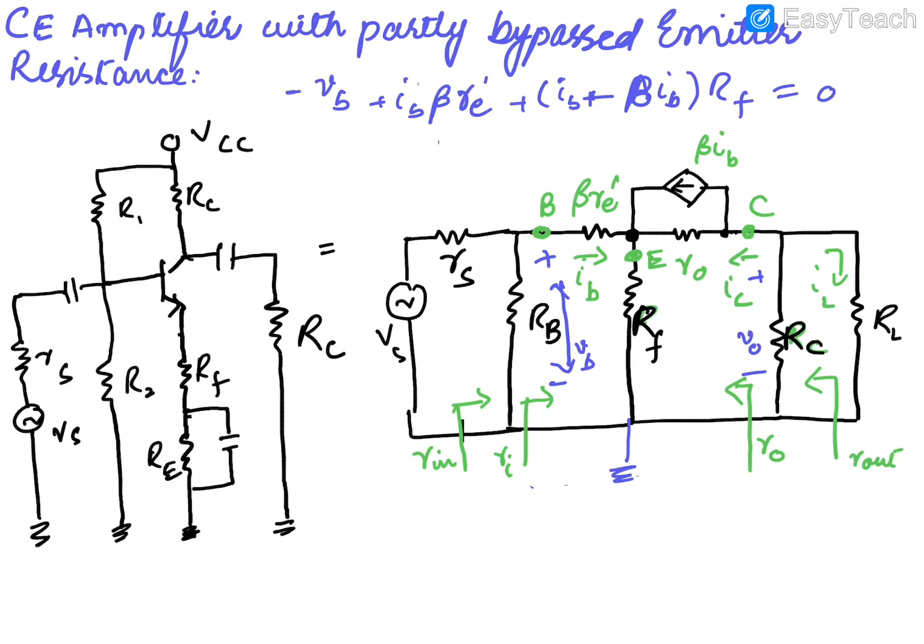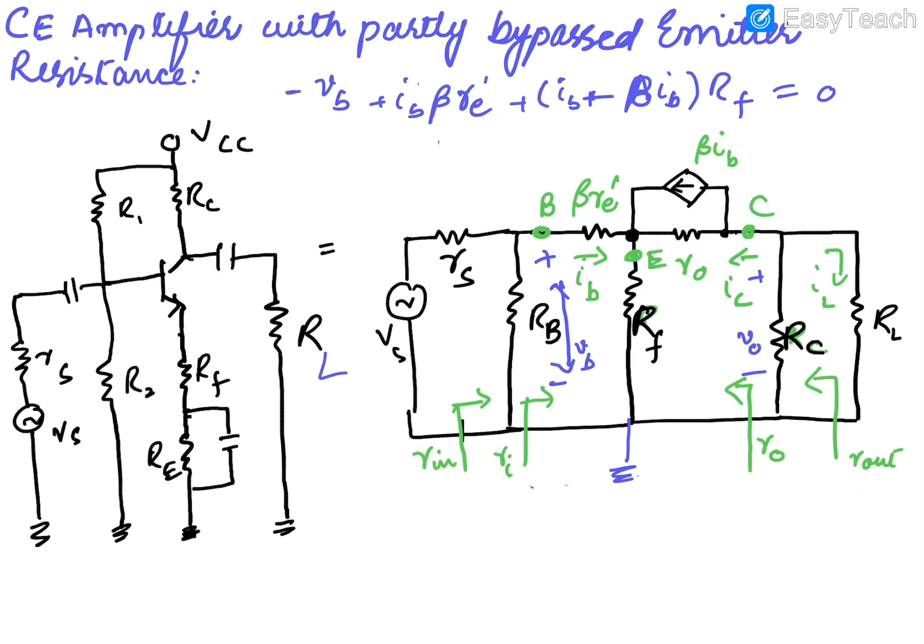Sorry, this is RL. So RL is connected at the output side, and RC is connected between collector and ground, and RL is also connected with collector and ground terminal. So this is the equivalent model of this circuit.